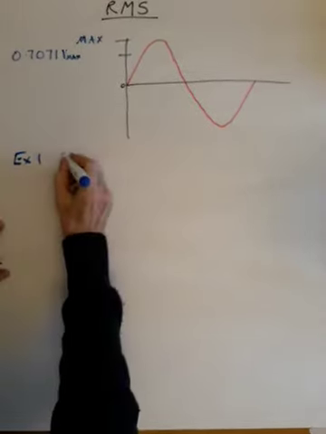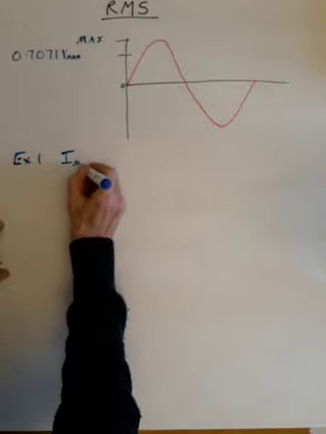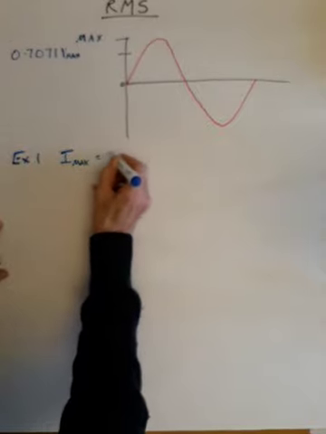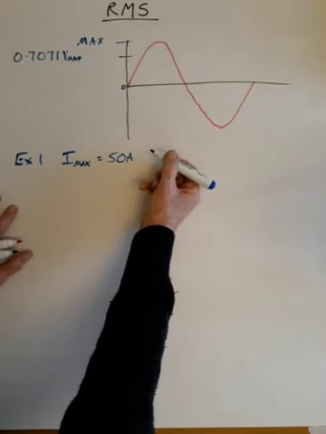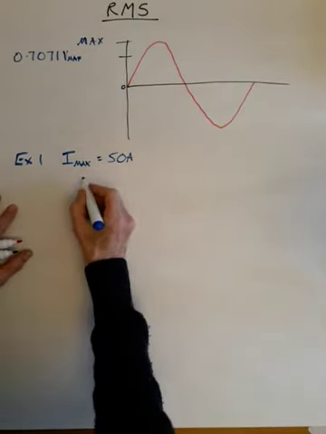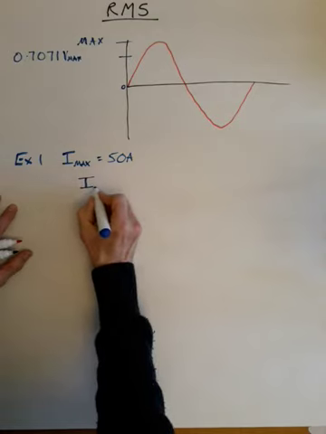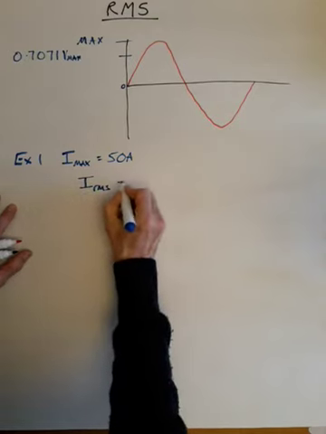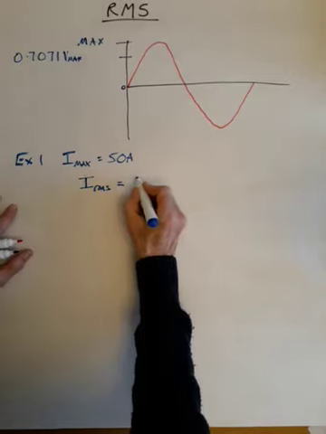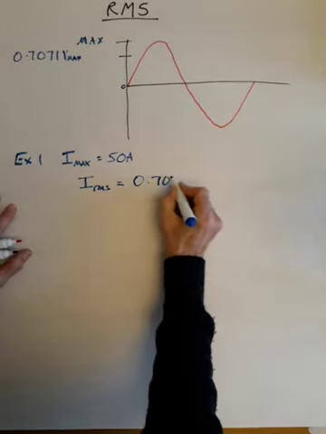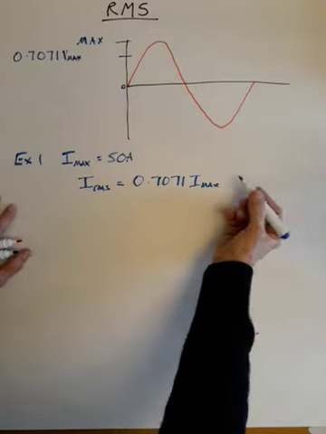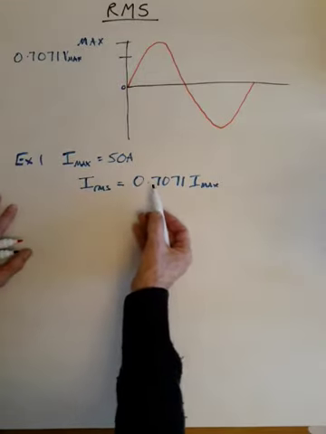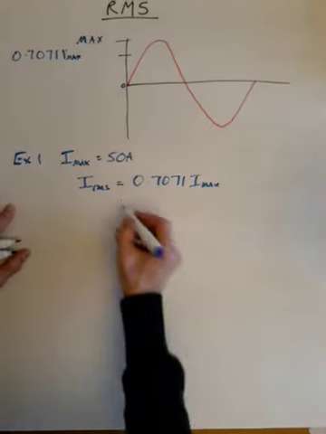Example 1. In example 1, the maximum current is 50 amps. Find the RMS current. Okay, so RMS is 0.7071 Imax.